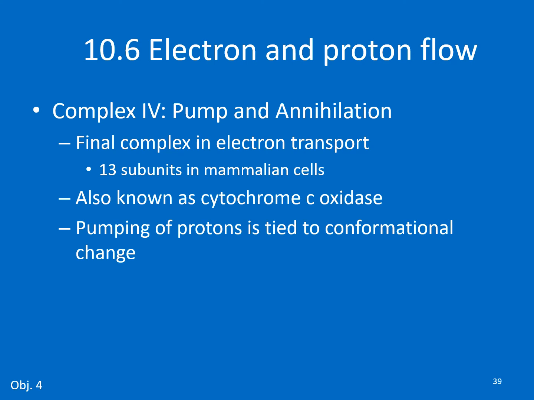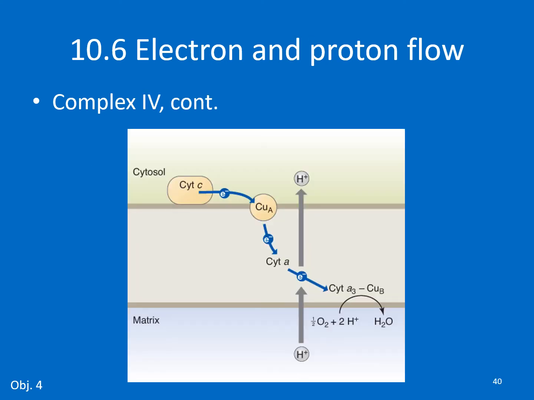So that cytochrome C that we just reduced, we're going to oxidize it. And here the pumping of protons is also tied to the conformational change. So here's a picture. You can find this also at the top of page 7 in your handout. So cytochrome C, which is sitting there on top of the membrane, transfers electrons down to a copper atom, which then get transferred to something called cytochrome A, cytochrome A3, and finally down to oxygen.